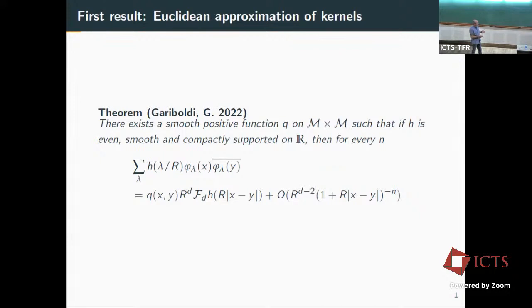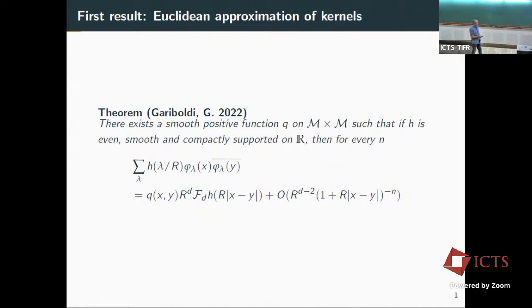This is also radial, so again you can think of it as a function in one variable, and this is what appears here. And then you have a remainder, which is smaller, because you have a power d-2 here instead of d, and it decays quickly as soon as the distance of y to x becomes bigger than 1 over r.